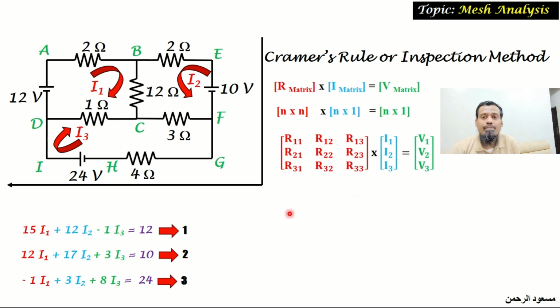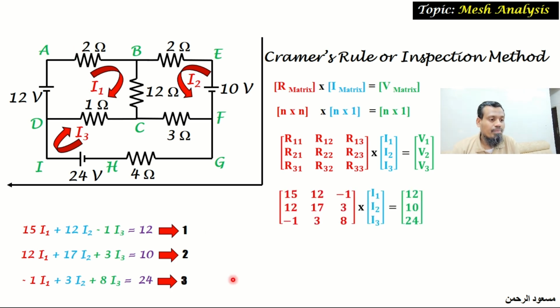R11, which is the summation of resistances connected in the first loop. So 2 plus 12, 14 plus 1, 15. So 15 is the element value R11. So 15 is written here. And R12, which is the common resistance available between the first and second loop, it is 12 with a sign of positive.